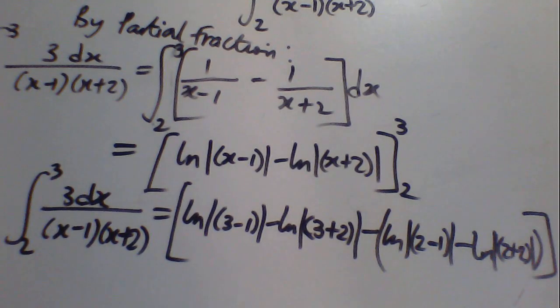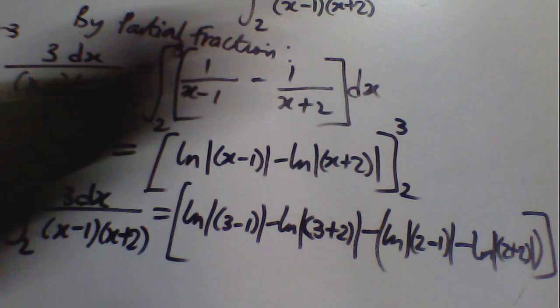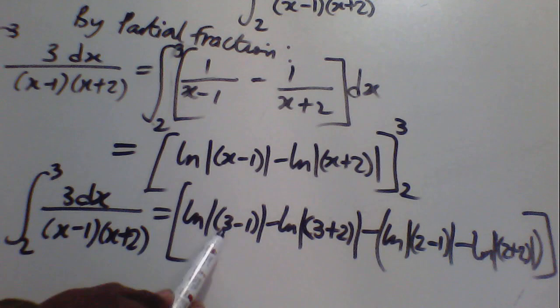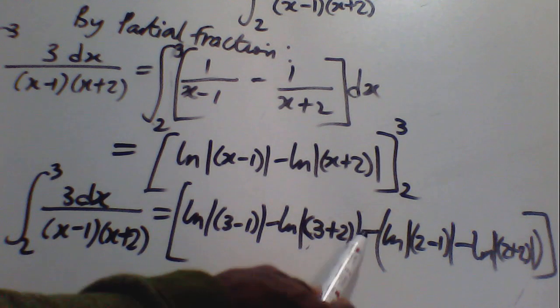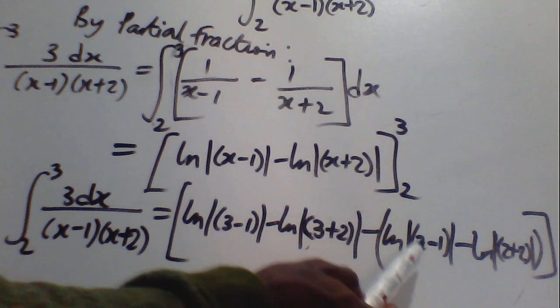So the first thing is you substitute 3 first. Wherever you see x, you put 3. Then for the minus part, wherever you see x, you substitute 2.